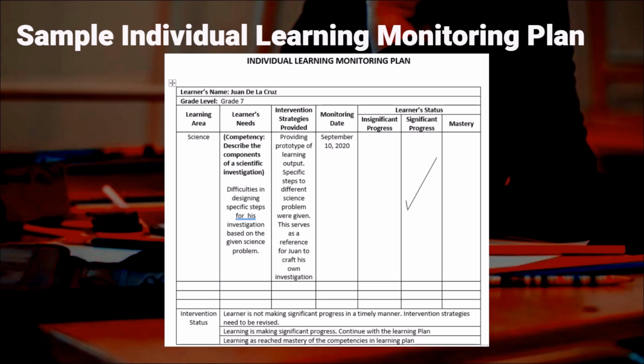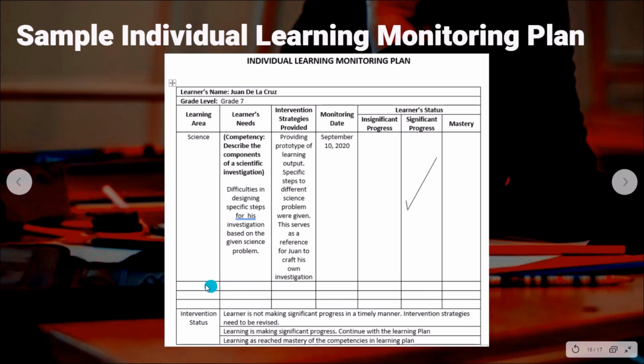Let me note that you can add more learning competencies here. I will be providing you with a Microsoft Word format of this, and I'll be sending it to you, and also the issuance for your reference. All you have to do is type here for additional learning competencies or any portion of the competencies you need to write if there are more difficulties. If it's another competency under science, you can write the competency here.